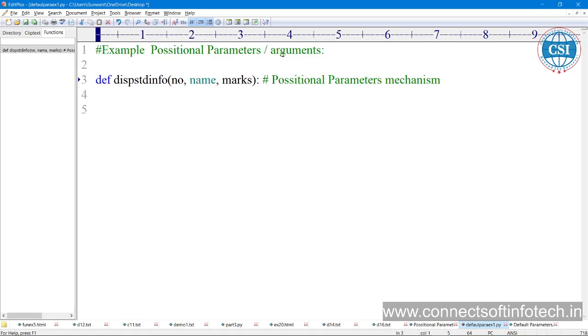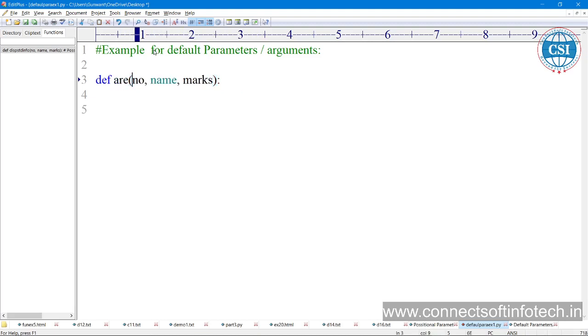Here we write a default example for default parameters. Take a function name, any function name. If you want to find the area, suppose area is the name of the function. Then how many parameters are required? Radius and pi value are required. Radius and pi, and pi is equal to 3.14 I am writing.